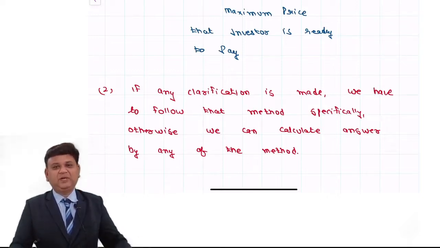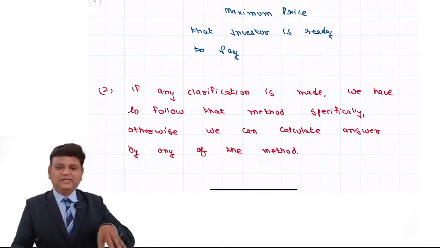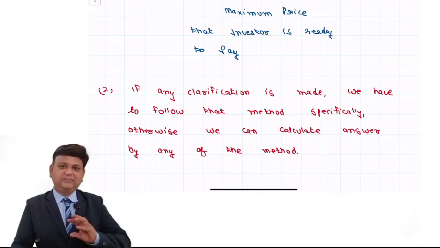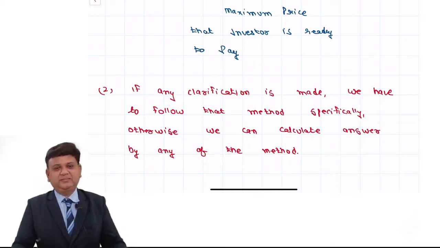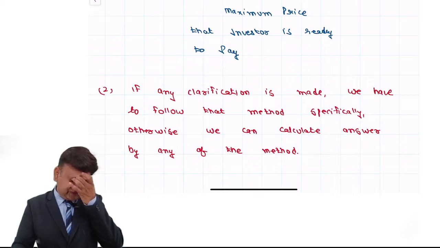Friends, initially I would like to solve the questions by all the three methods. Once I cover the basic variety of questions, I would go with only one method. So I request all of you to write the answer by all the three methods.